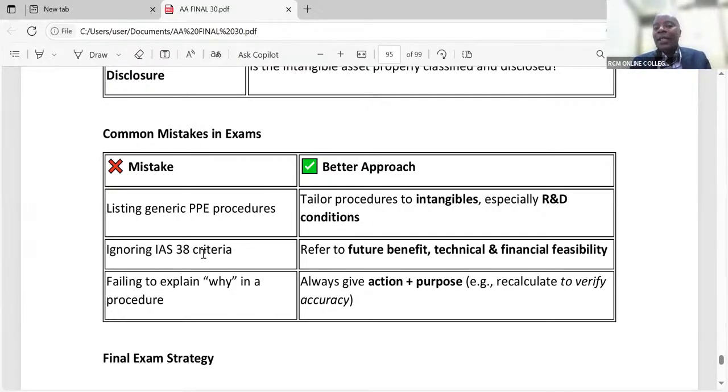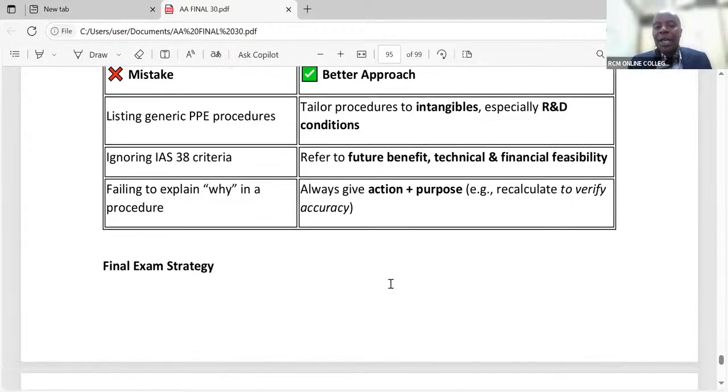Ignoring IAS 38 criteria: always refer to future benefit arising out of this, technical and financial feasibility. Failing to explain why am I doing this as an auditor? Always give action plus purpose. E.g., recalculate to verify. What will I do? That is the action. What is the purpose? To verify the assertion.